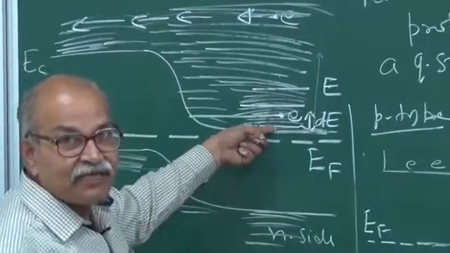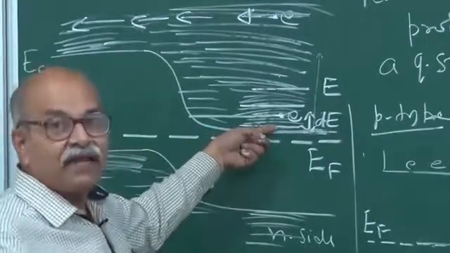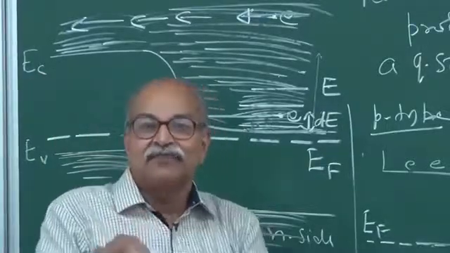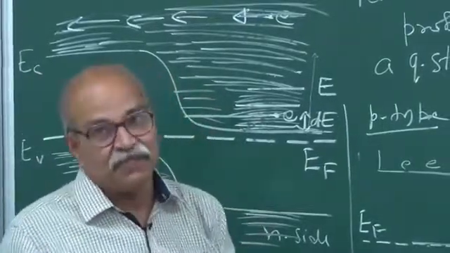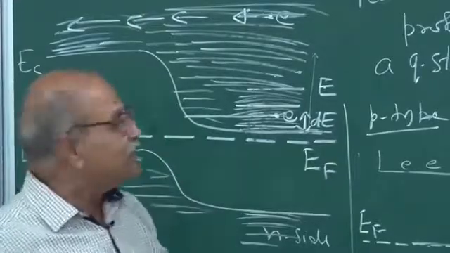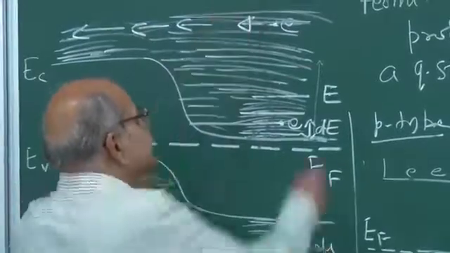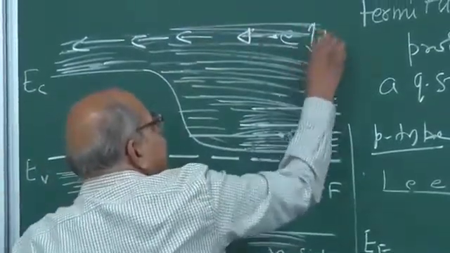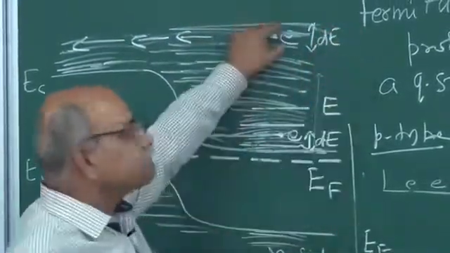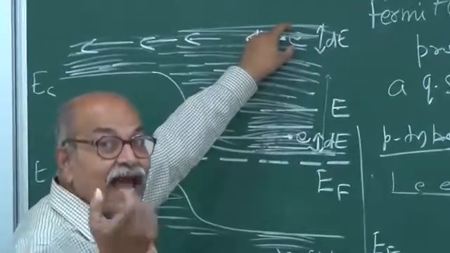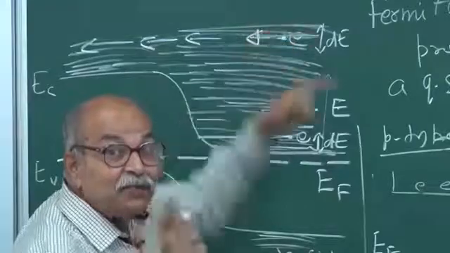So although the probability is very high, the number of electrons in this dE will be very small. Whereas if you go up here, the number of quantum states in this dE is very large, but the probability is very small. So to get the actual number, you need both things.